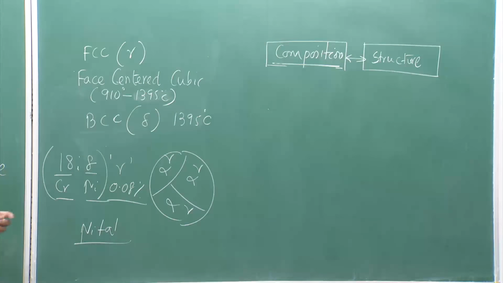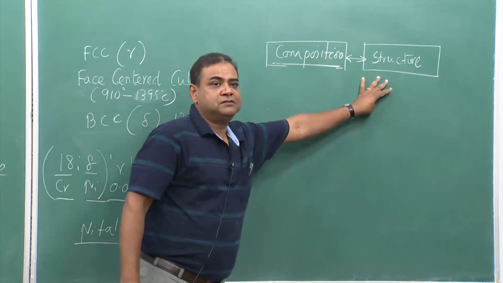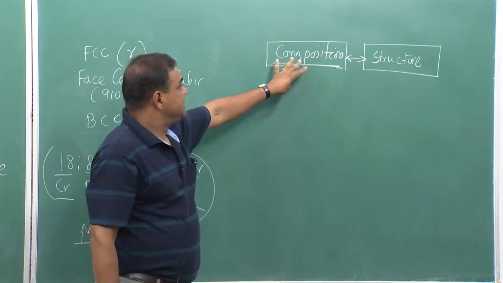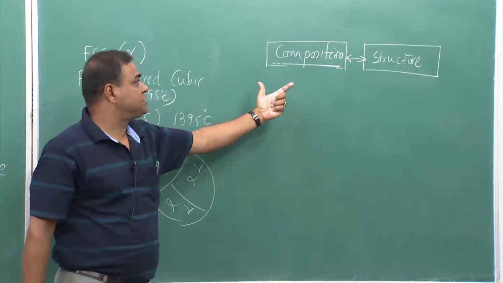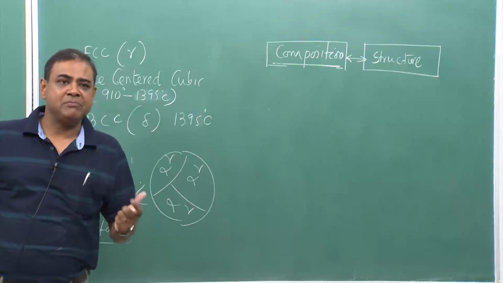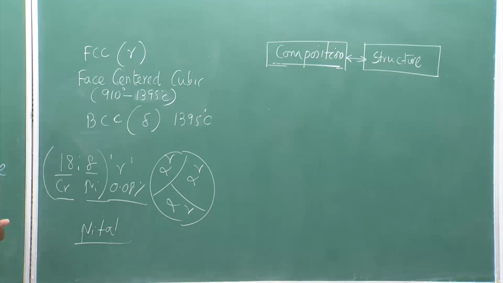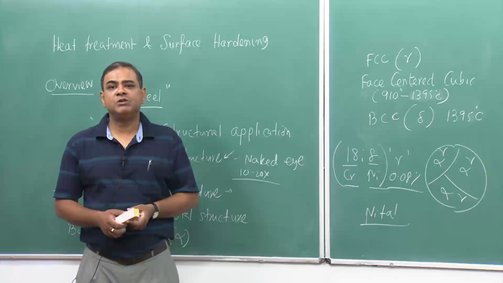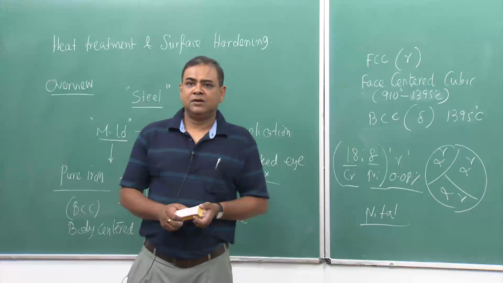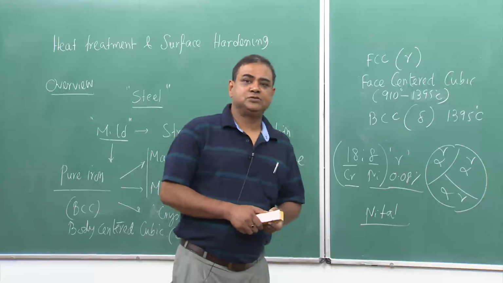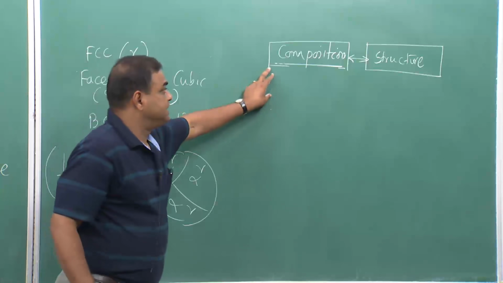When we talk about composition and structure, finally, if we have a combination of composition and structure, we are getting some kind of properties in that material. And the properties, in the form of either tensile properties or chemical properties or functional properties, we can change if we change composition and structure.